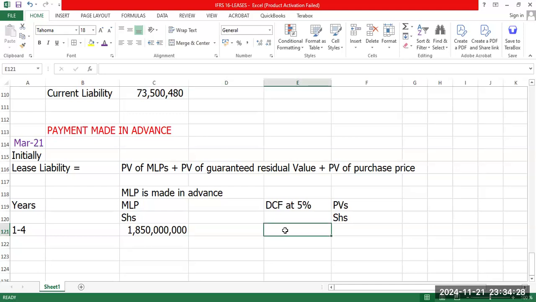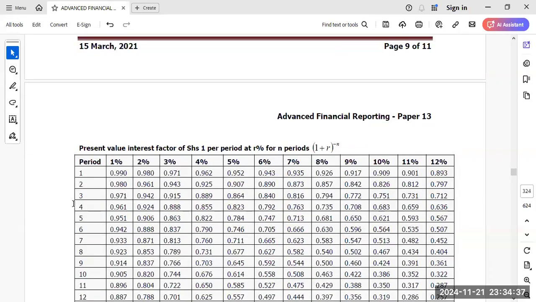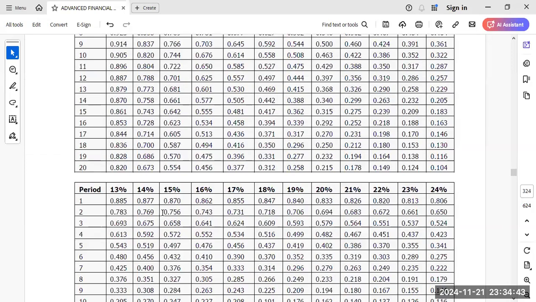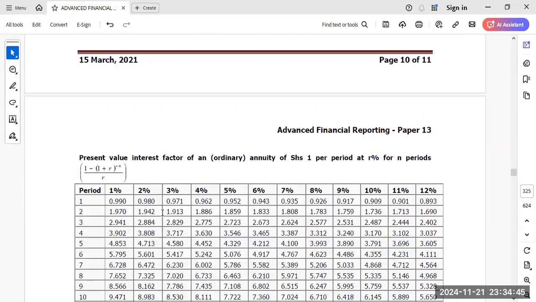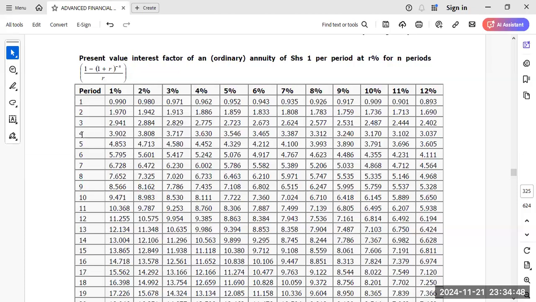So when you go to your table, 4 years here, then the rate is 5. We are using the annuity table. 4 is here, 5 is here.